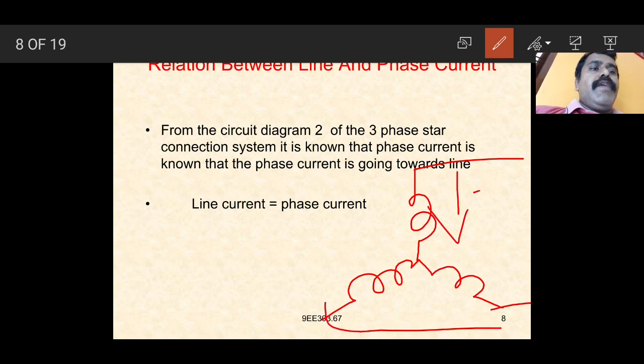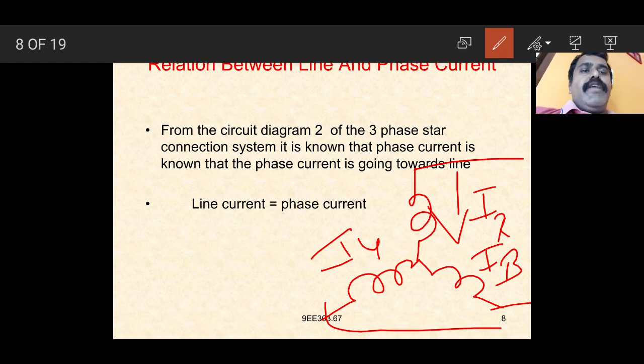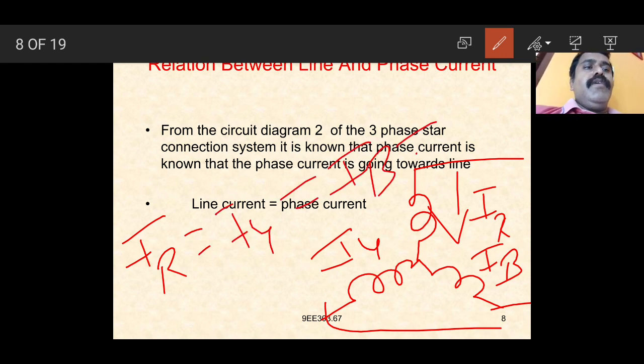These are nothing but the phase currents here, IR, IY, and IB. So IR is equal to IY is equal to IB. These are the phase current, which we express as I phase.